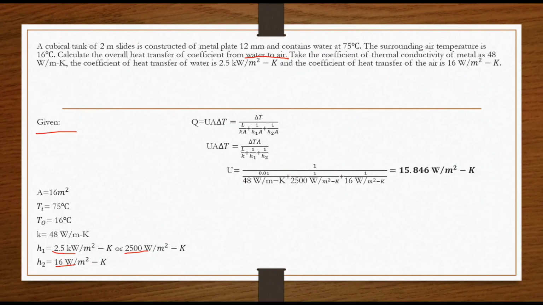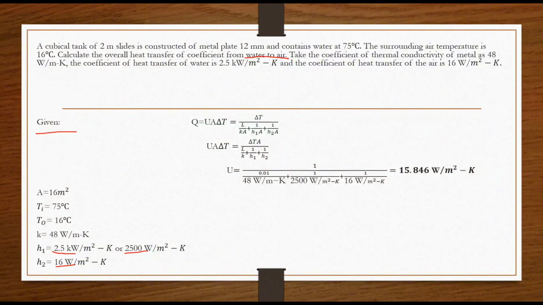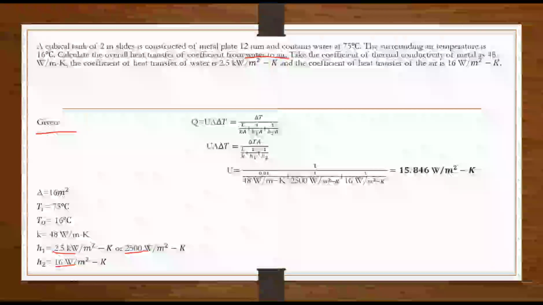Heat transfer is equal to the overall heat transfer coefficient multiplied by area times the change in temperature, which is equal to the change in temperature over the sum of length over thermal conductivity times A, plus 1 over H1 times area, plus 1 over H2 times area.